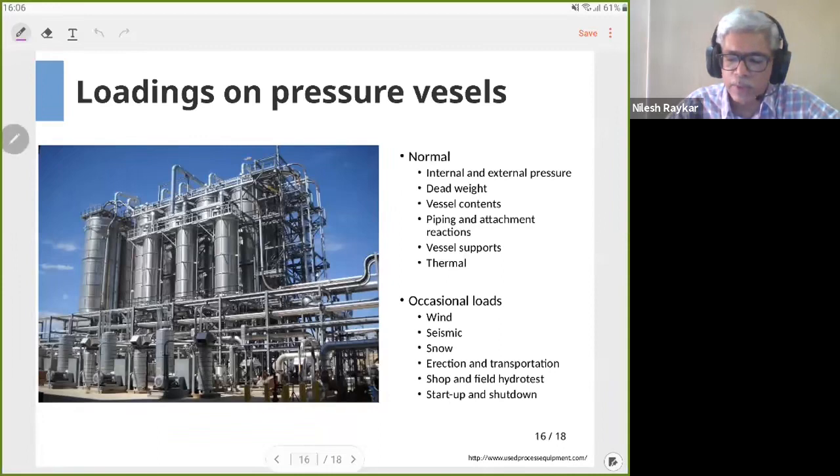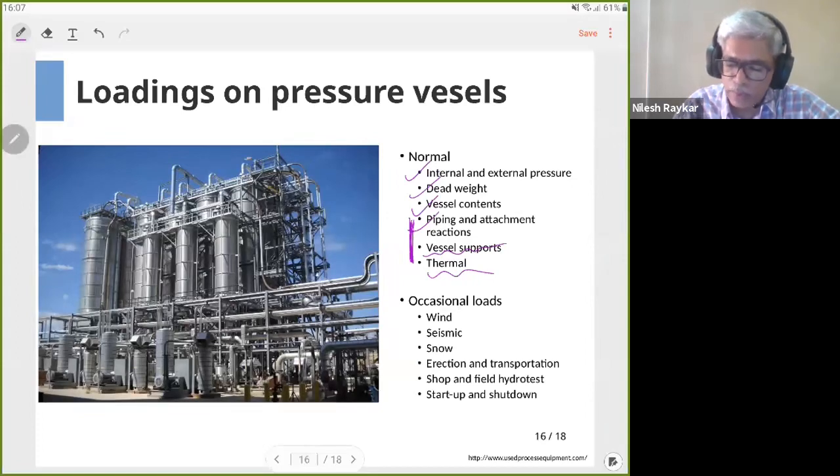So the obvious loadings like pressure, dead weight, then vessel content. There are additional loads which are missed, such as piping attachment loads and the local stresses around the supports. The thermal stresses are the most deceptive of all, and if you don't consider the thermal gradients which could arise under certain abnormal conditions, the design could land up in very serious situations.